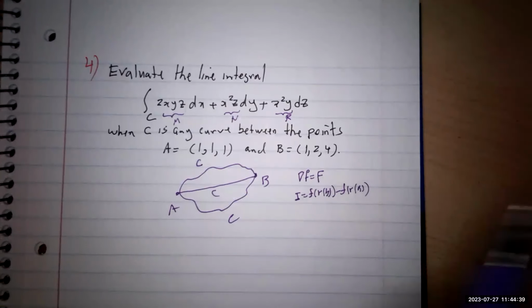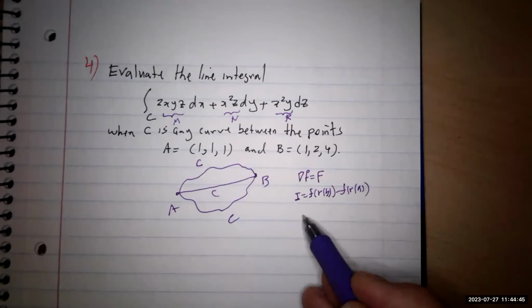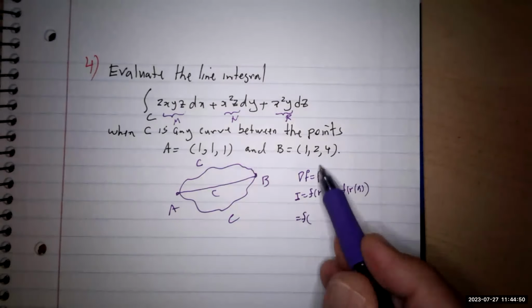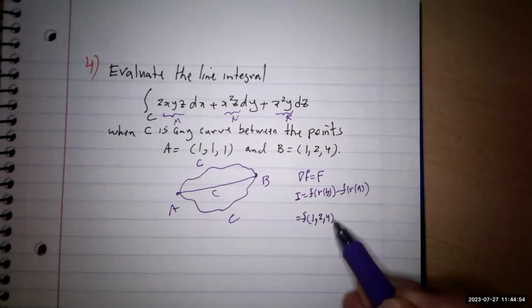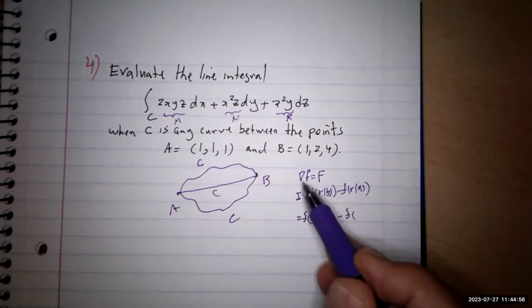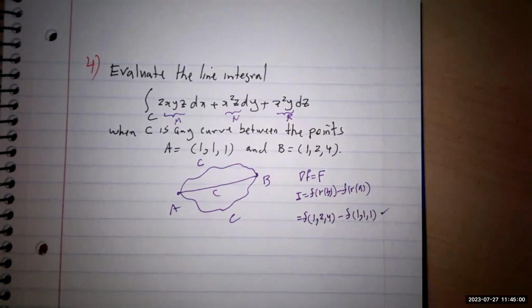Since these paths are optional, you pick a straight line. In that case, the integral would be just the evaluation of the function at the terminal point minus the evaluation of this function at the initial point, and then you're done.